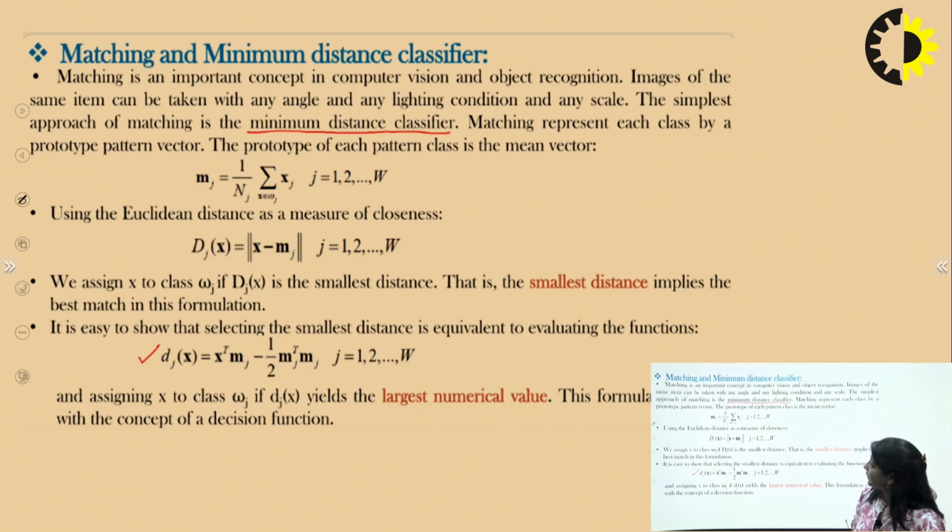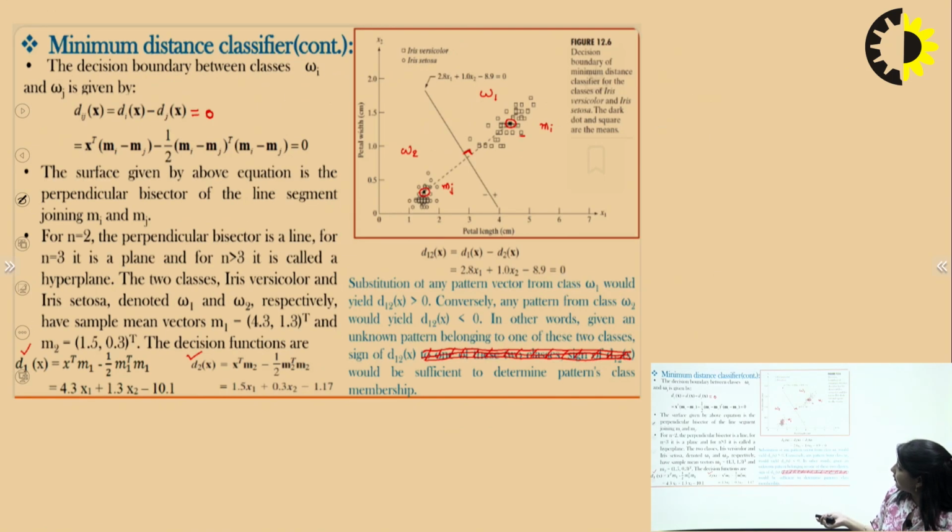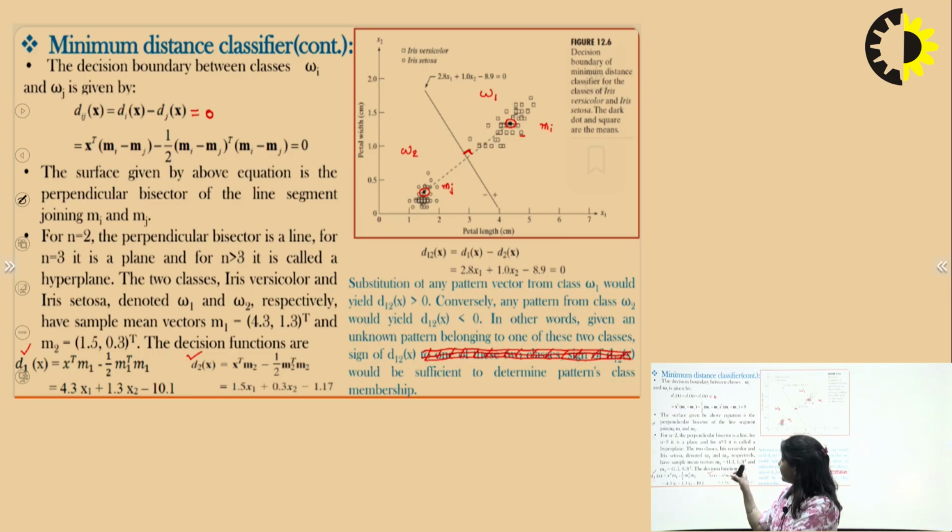Next, this is a method. So these are two classes W1 and W2, and we have to just find the maximum distance. So this is a calculation. We have M1 4.3 1.3, we have M2 1.5 0.3. We calculate the decision boundary X transpose M1, means 4.3 X1 plus we calculate these values and get this equation.